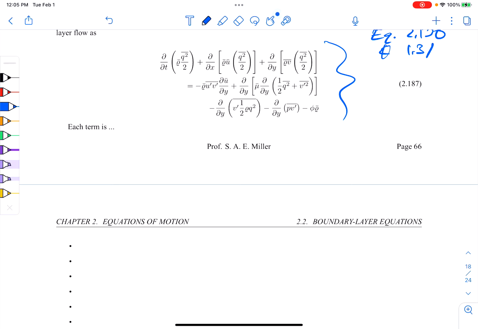So let's just look at this equation using all this dimensional analysis and a few different definitions.